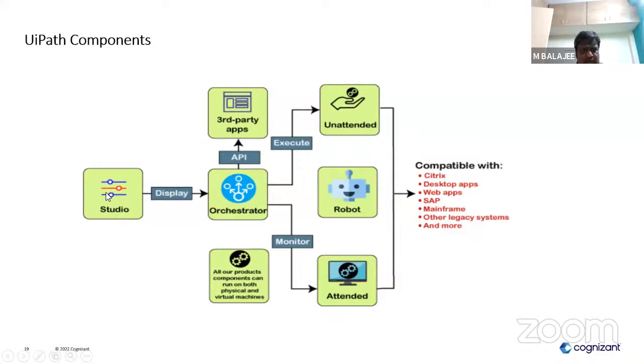Studio is the one through which we interact with the target application. If I want to build an automation for my Gmail functionality or for my Acme portal, I need to log in to the Acme portal.